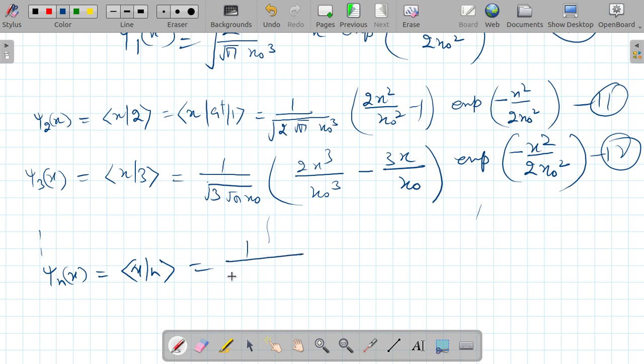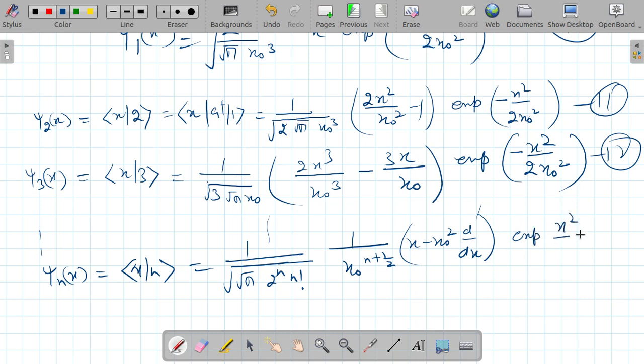That is 1 over root pi, whole under the root, 2 raised to power n factorial, and 1 upon x naught to the power n plus 1 by 2, and it is x minus x naught square d upon dx, then exponential of minus x square over 2 x naught square, and let me call it equation number 13.